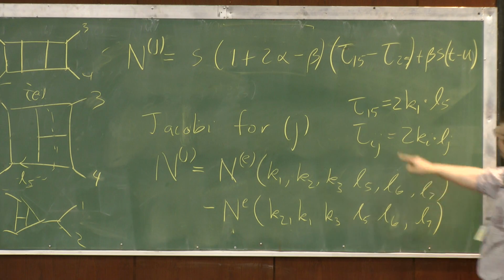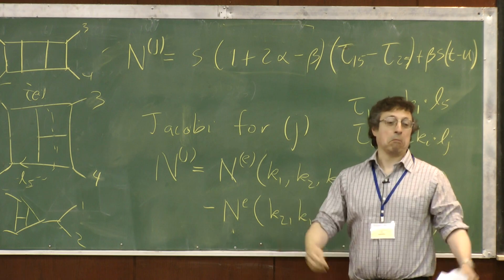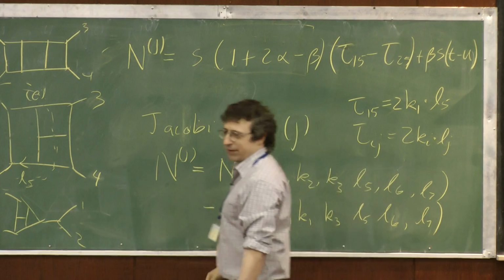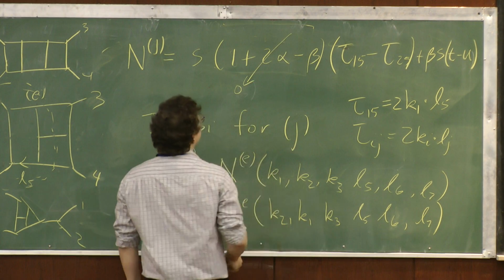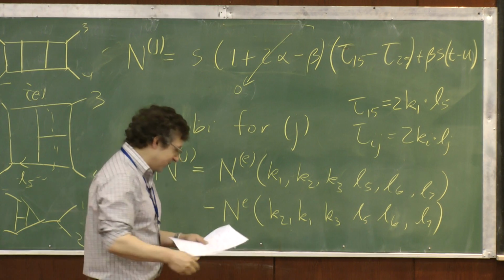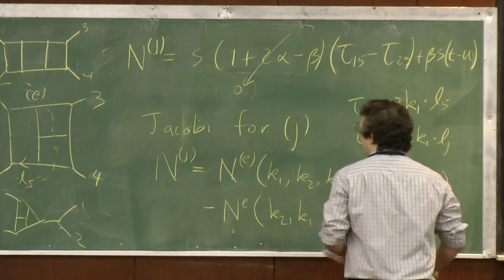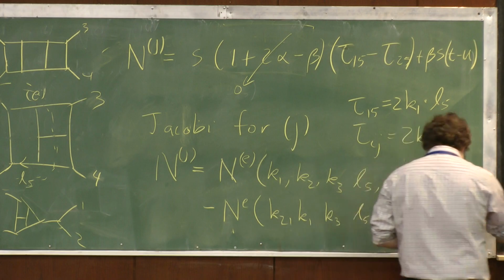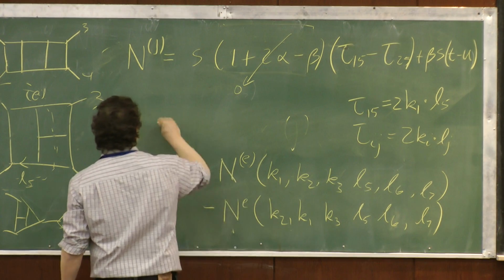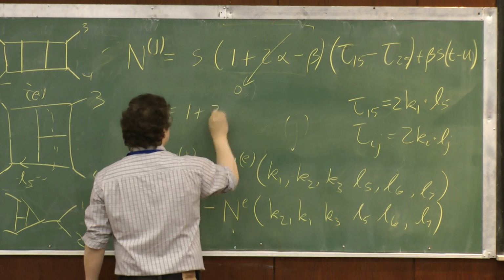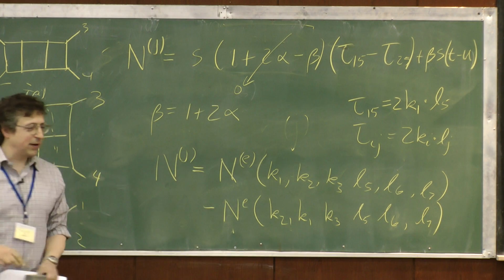This has loop momentum. What's that coefficient? 0. That's 0. Oh, that's pretty cool. I'm down now to 1 parameter. So I have now that beta is equal to 1 plus 2 alpha. One more parameter to go.